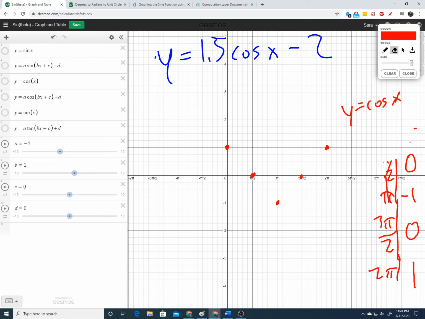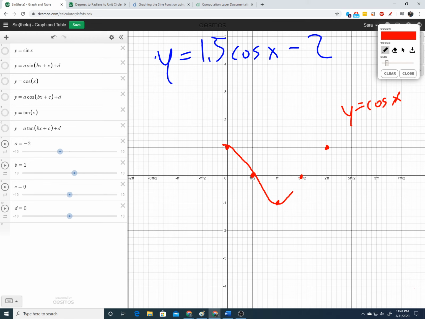Alright. Once you have one period drawn in on your function, go ahead and finish filling in what would naturally flow. Right now I can see that I have this pattern, and I know that I'm going to keep following the pattern. Maximum, 0, minimum, 0, maximum.